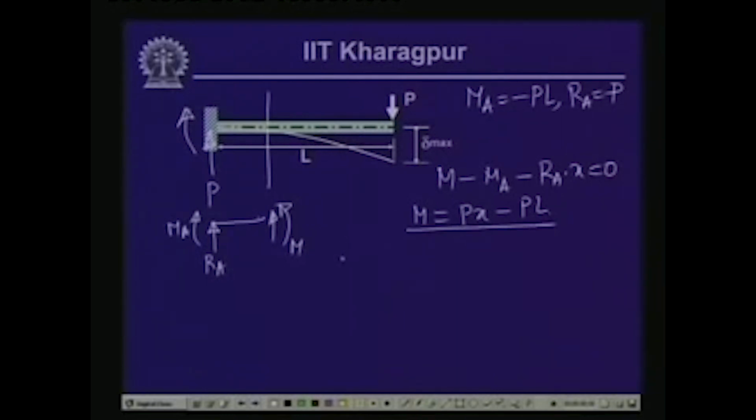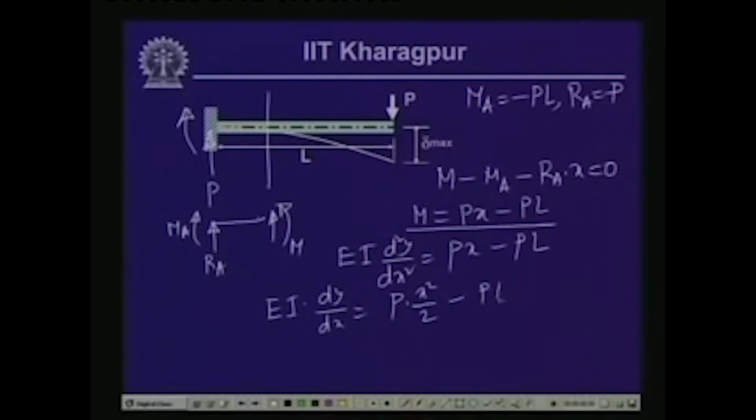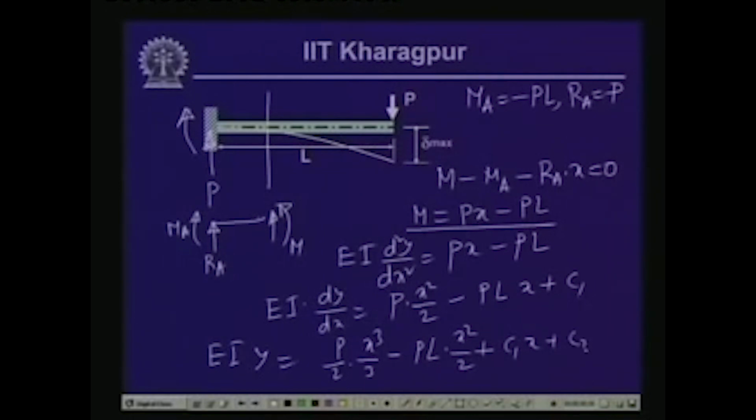Now, if we substitute this, that means we have EI d2y dx2 equals Px minus PL, then we get EI dy dx equals Px square by 2 minus PLx plus C1, and EIy equals P by 2 into x cube by 3 minus PLx square by 2 plus C1x plus C2, and C1, C2 can be evaluated from the boundary conditions again.